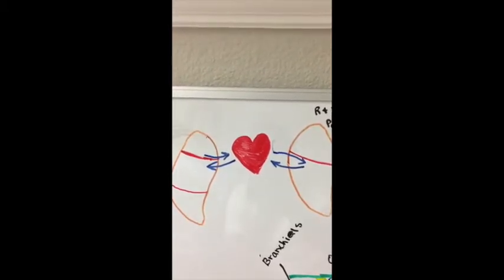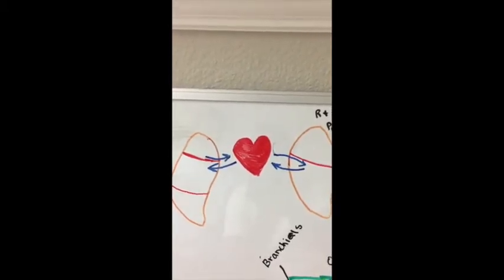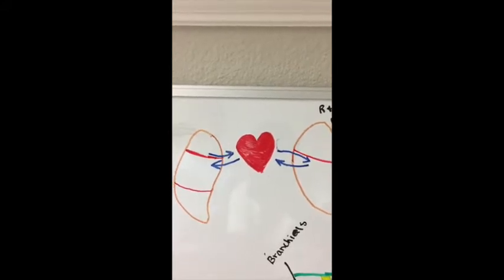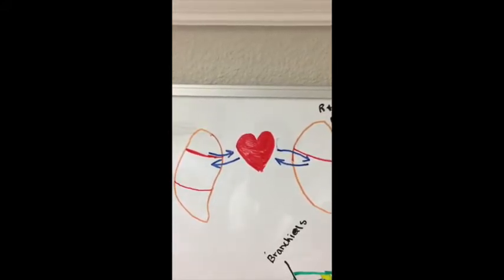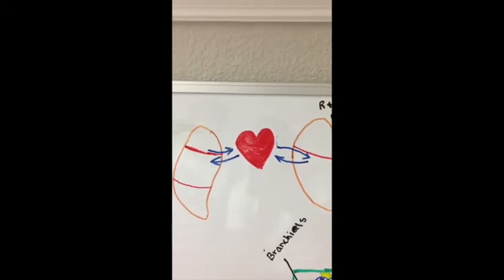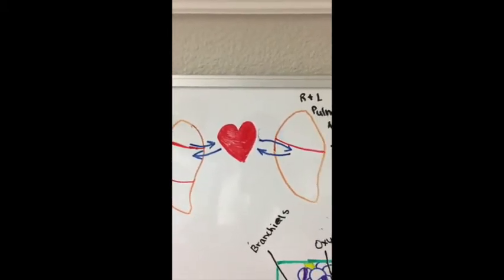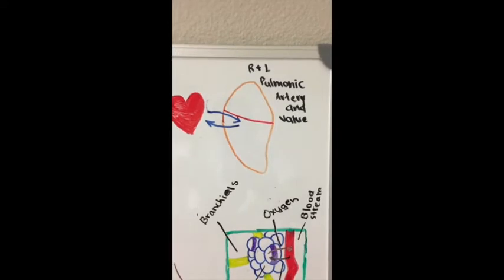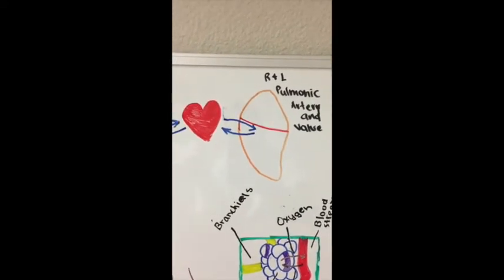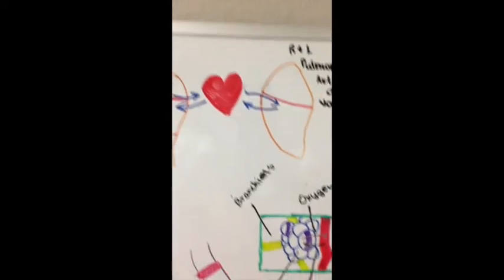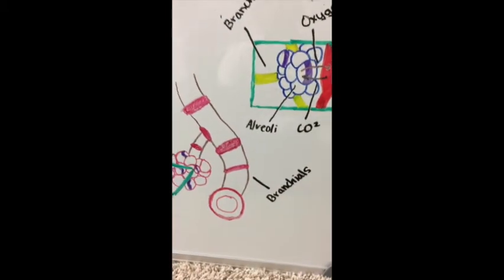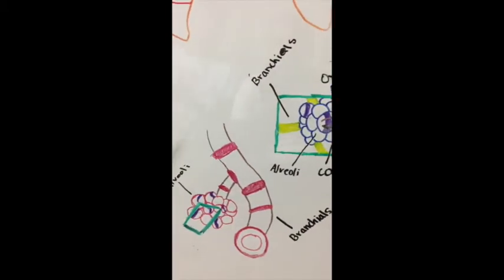Just in case, make sure to go check out my other video on the heart to get a better understanding of how this pulmonary system actually works. So this is just the heart transferring blood back and forth, through means of the alveoli and other functions.